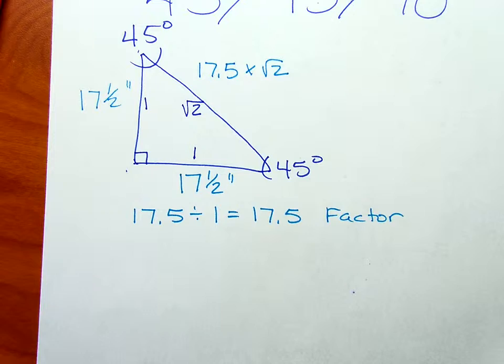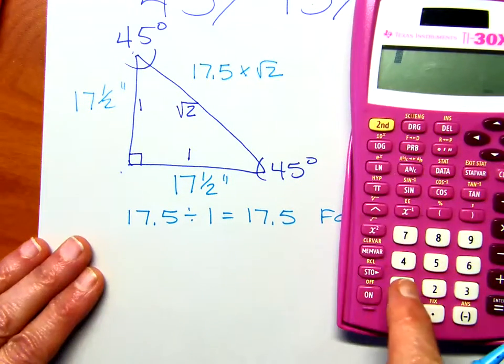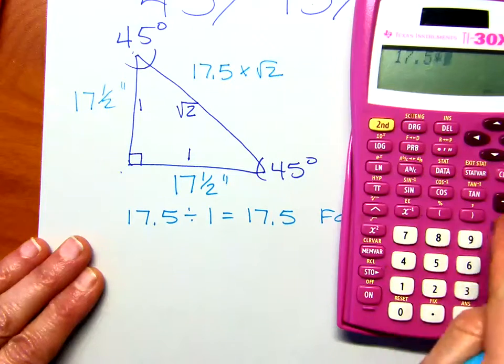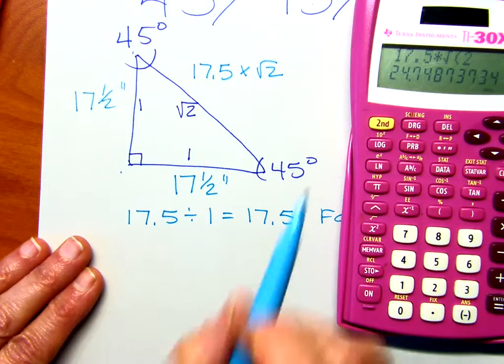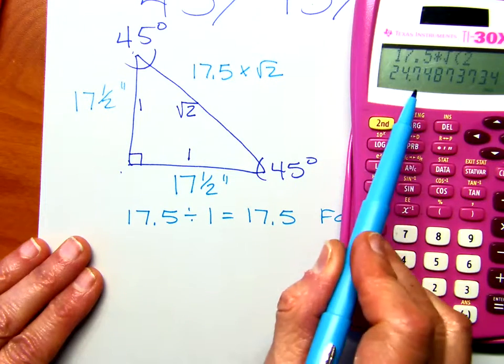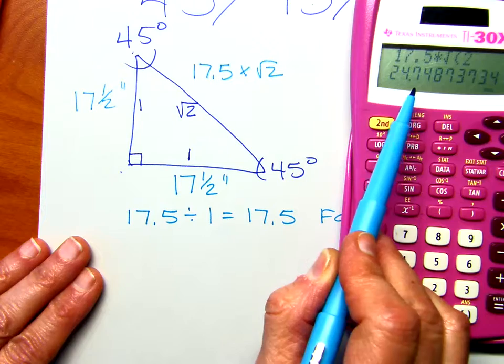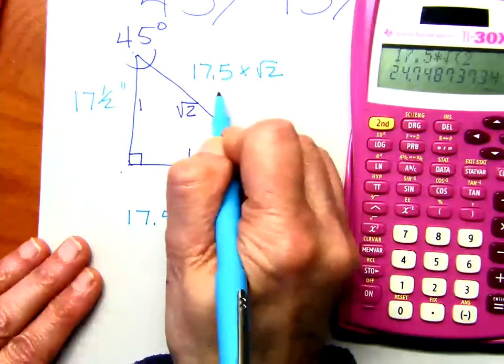And so we're just going to get out the calculator and let the calculator do the work. So 17.5 times the square root of 2. And we're going to get 24.7487. If we round to the nearest third place, it's going to be 24.749.